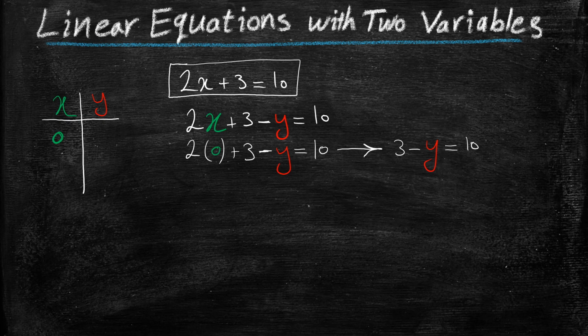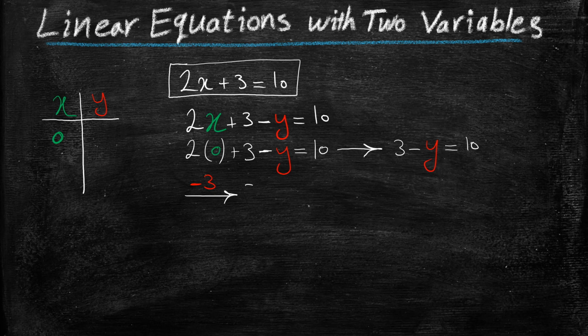Now how do we solve this? We already have seen that process. We need to isolate y on one side. So we need to remove everything else. Right now there is a 3 on the left hand side. So I'm going to subtract 3 from both sides of this equation to get rid of that 3 on the left hand side, so we can one step more make y isolated.